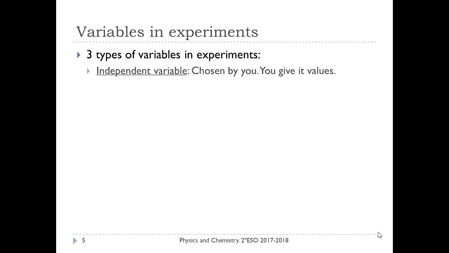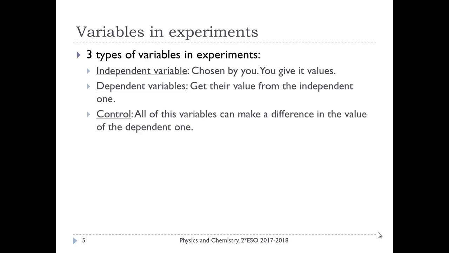Then, variables in experiments. We've mentioned the three most important ones, which were the independent variable, the dependent variable, and the control variables. An independent variable is chosen by you, and you have to give it values. The dependent variable gets its value from the independent one. That's why the dependent one depends on the independent one, because the independent one doesn't depend on anything.